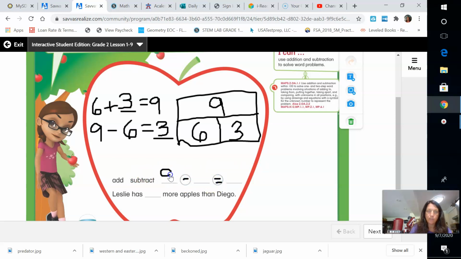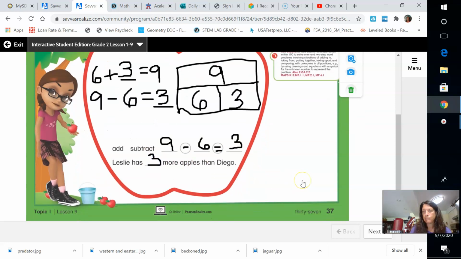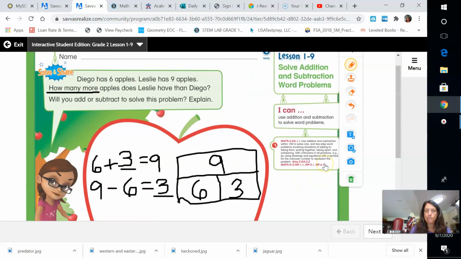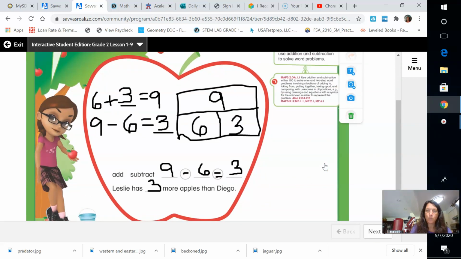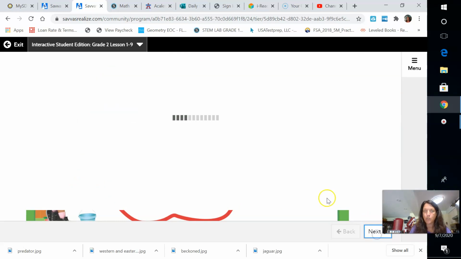So when you subtract, the big number goes here at the beginning. And then it says Leslie has 3 more apples than Diego. Okay? Leslie has 3 more apples than Diego. You should probably circle subtract too. It said how many more, so we need to subtract.